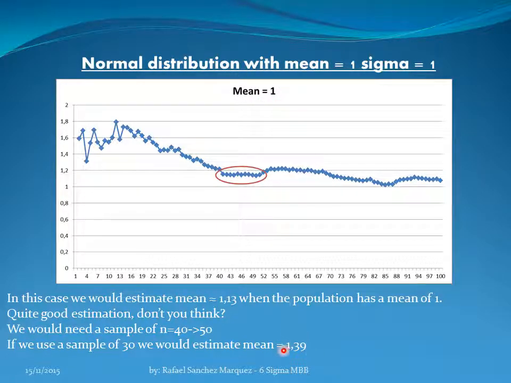The practical rule would have given us a slightly rough estimation of 1.39 when the value is 1. So we would have improved our estimation in this case using a graphical method.